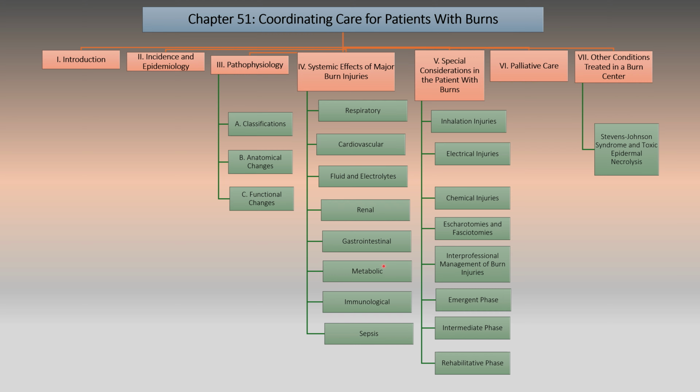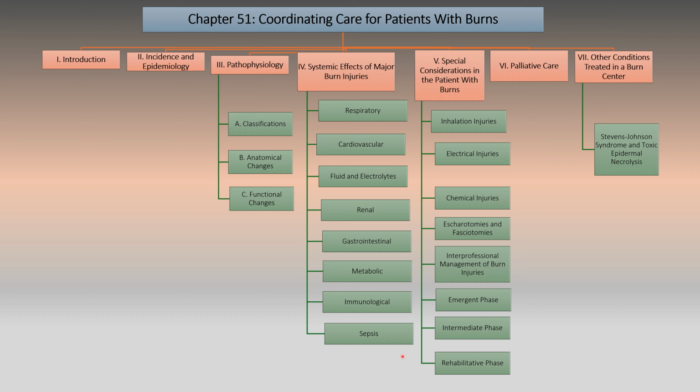I think I'll review here now. So sepsis is the leading cause of late death. The loss of the skin barrier and impaired immunological defenses place the patient at risk for infection.